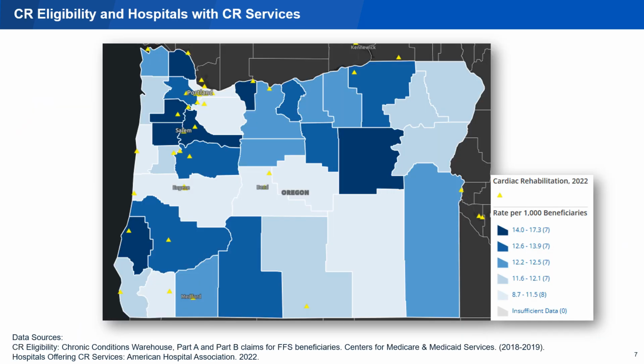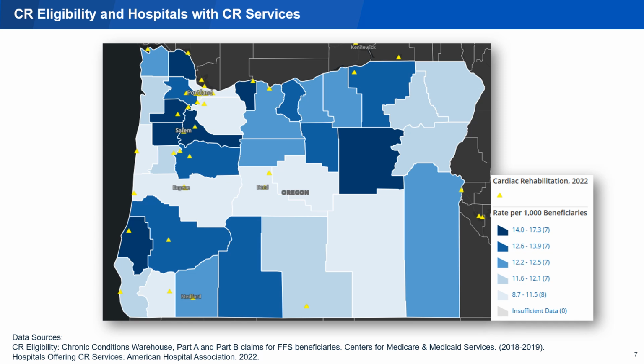Once you establish a baseline for heart attack hospitalizations and hospitals offering cardiac rehabilitation services in your communities, you may want to consider additional factors. The Atlas includes data on cardiac rehabilitation eligibility among Medicare fee-for-service beneficiaries, which we see here. Counties with the highest eligibility rate are in dark blue, and those with the lowest eligibility rate are in light blue.